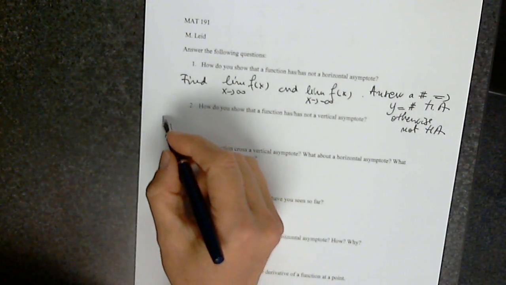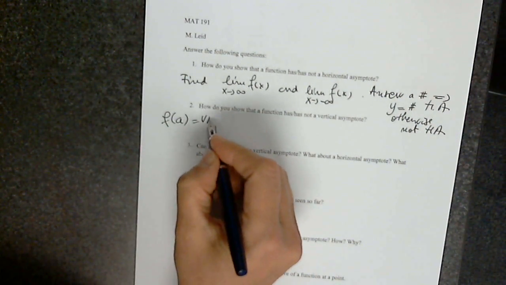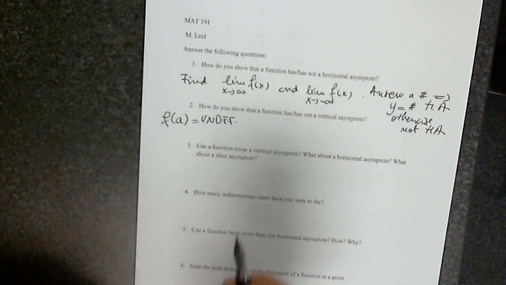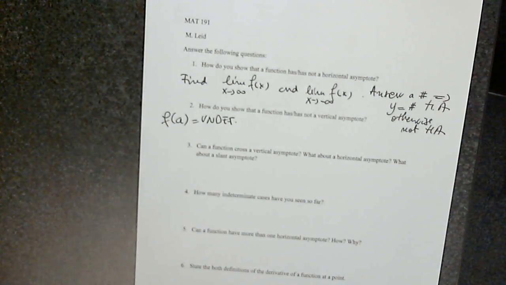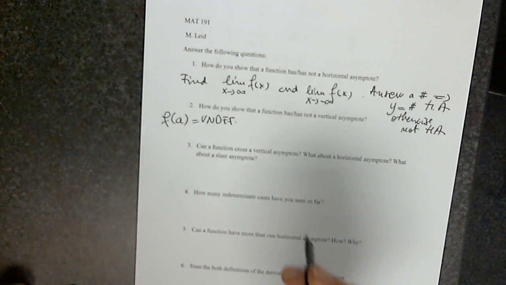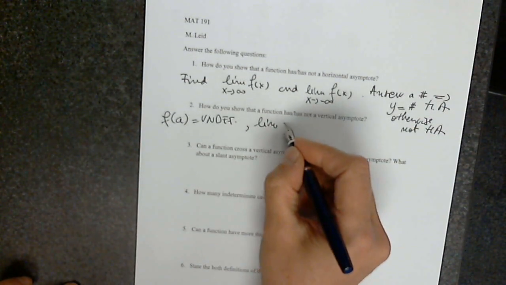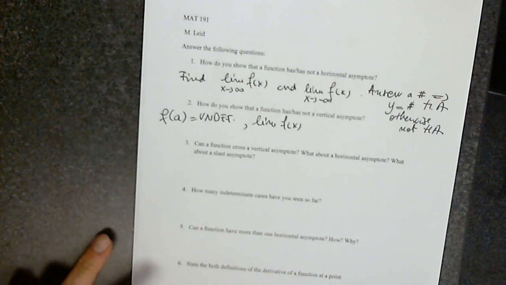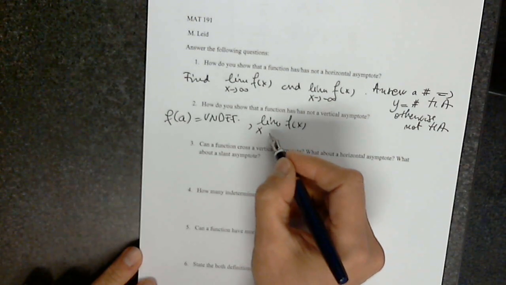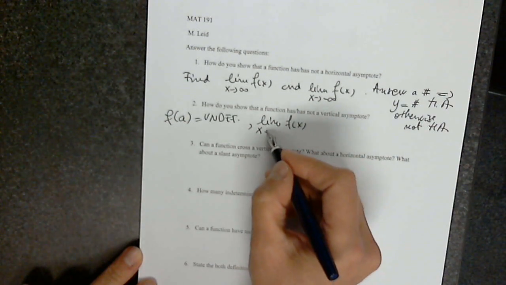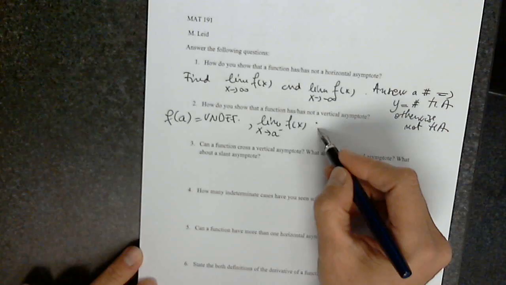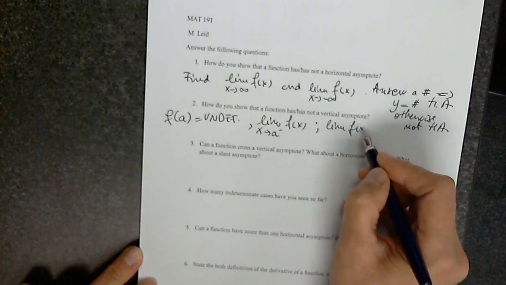So f of a is undefined. Then you have to find what? The limit of f of x as x approaches that point from the left, and the limit of f of x as x approaches a from the right.